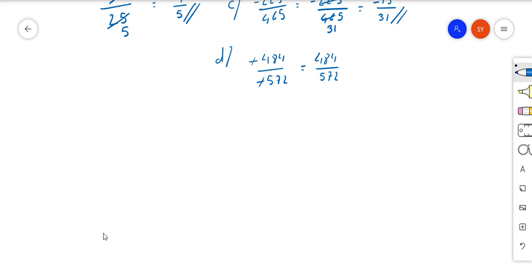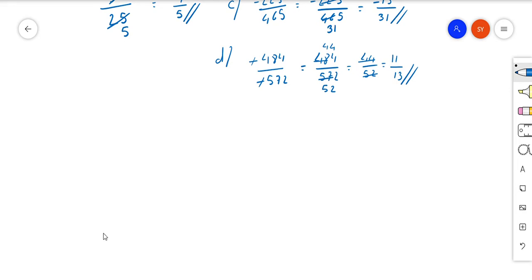If you see, we can divide this by 11. 11 4s are 44, 11 5s are 55, 11 2s are 22. So what it gives us is 44 by 52. We can divide it further by 4. 4 11s are 44, and 4 13s are 52. So the answer would be 11 by 13.